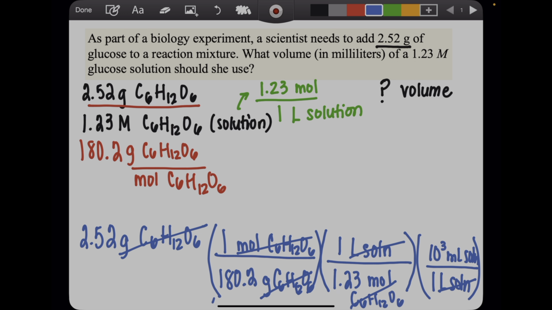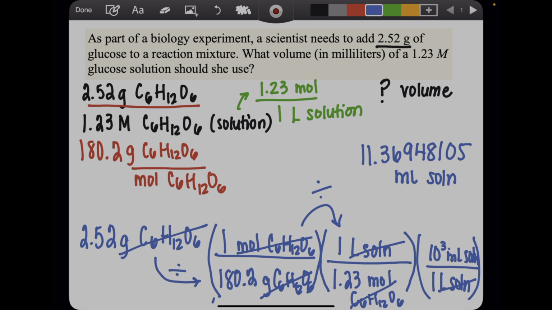And for this specific type of problem, I don't use mental math at all. I use my calculator. So I would insert the values, so that means 2.52 divided by 180.2 divided by 1.23 times 10 to the power of 3 would give us 11.36948105 milliliters of solution.